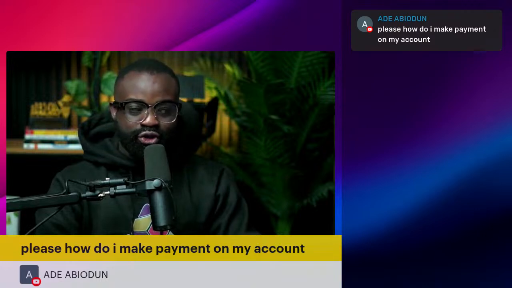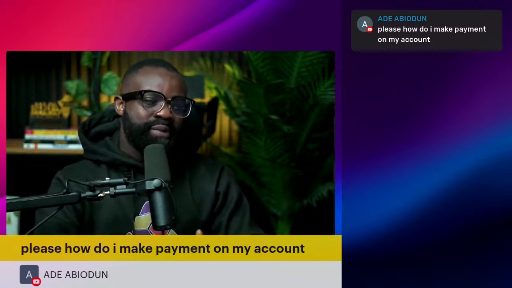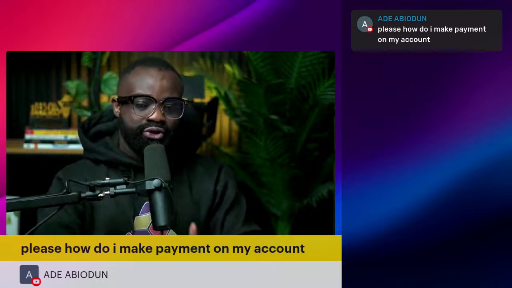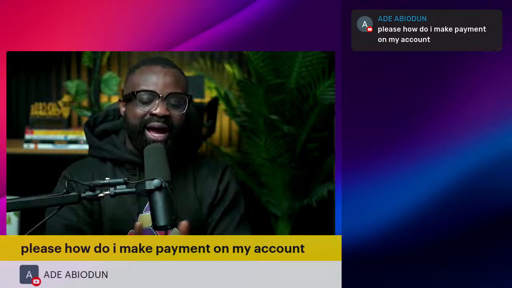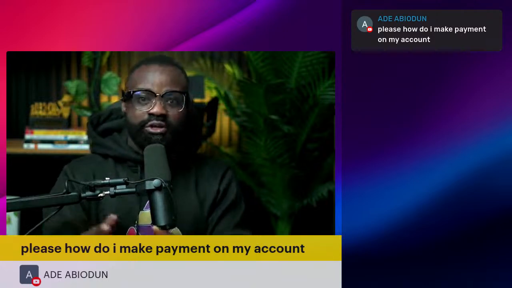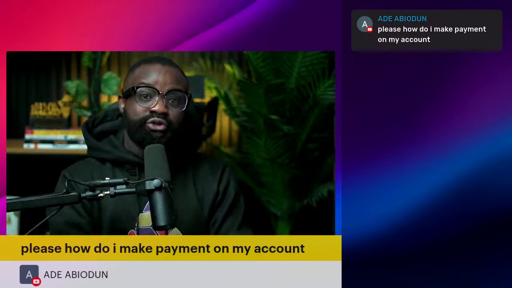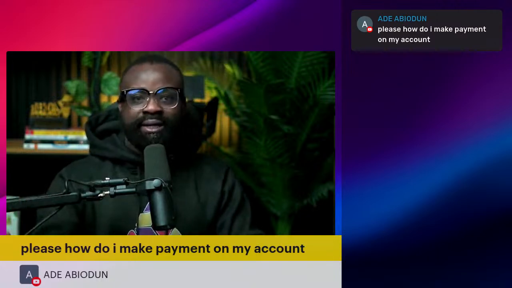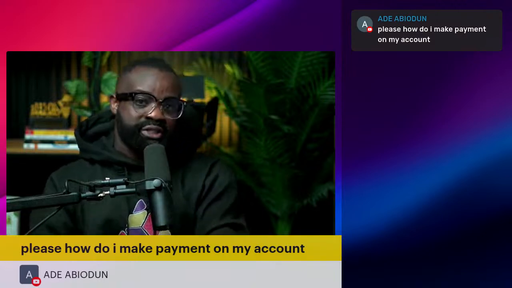Then you add funds to your account using PayU, a platform that handles payments for Nigerians on behalf of Facebook. You add funds to the prepaid ad account that has been created already by Facebook, but PayU is what allows you to fund that account.